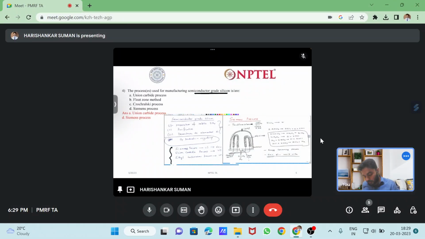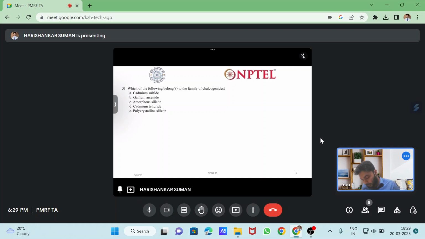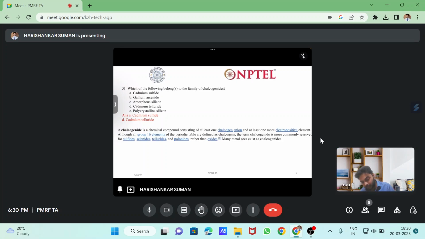Okay, let's move further. Which of the following belong to the family of chalcogenide? A and D, cadmium sulfide and cadmium telluride. So there is an explanation. A chalcogenide is a chemical compound consisting of at least one chalcogenide anion and at least one more electropositive element.